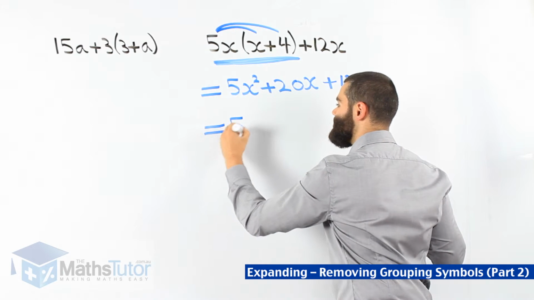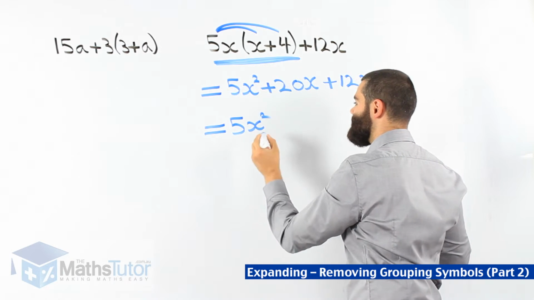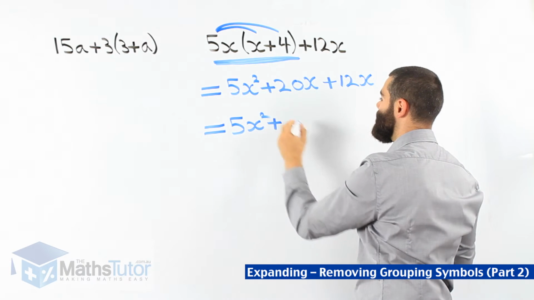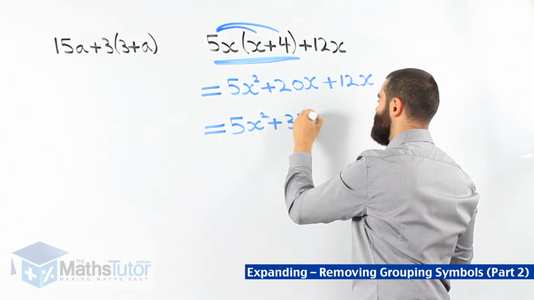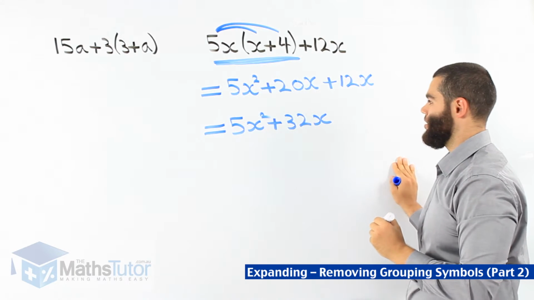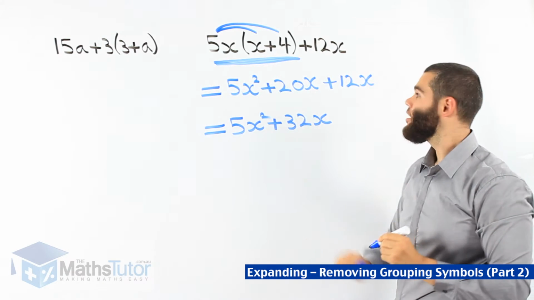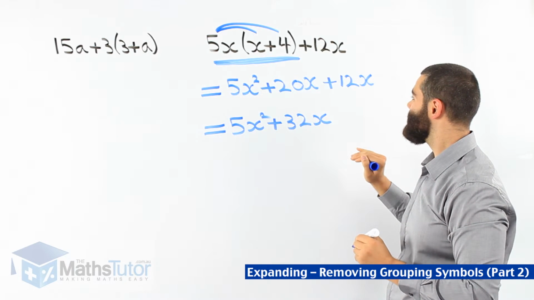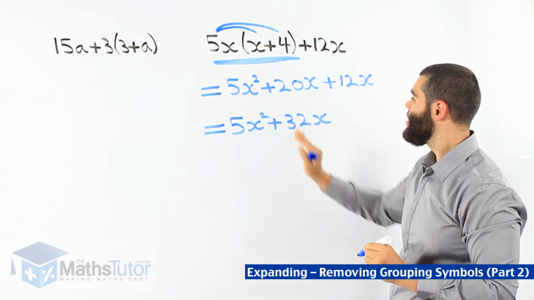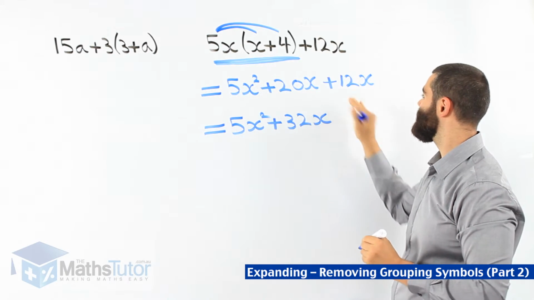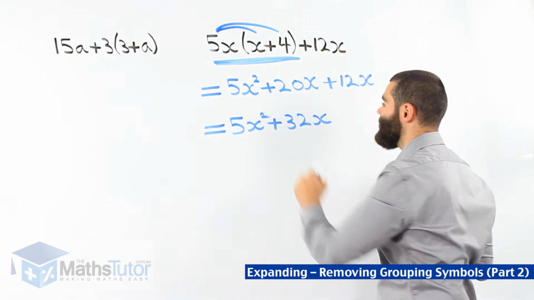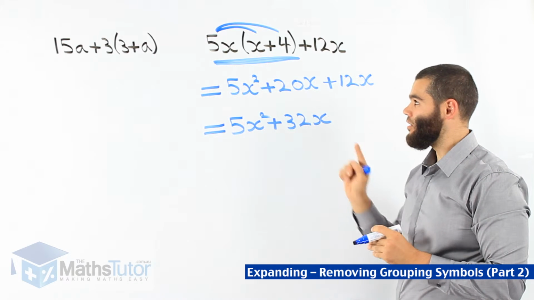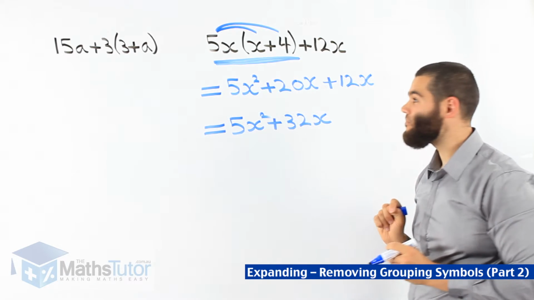So 5x squared plus 20 plus 12 is 32x. So our final answer, we've expanded. There it is. We bring down the 12x. 5x squared plus 20x plus 12x is 5x squared plus 32x.